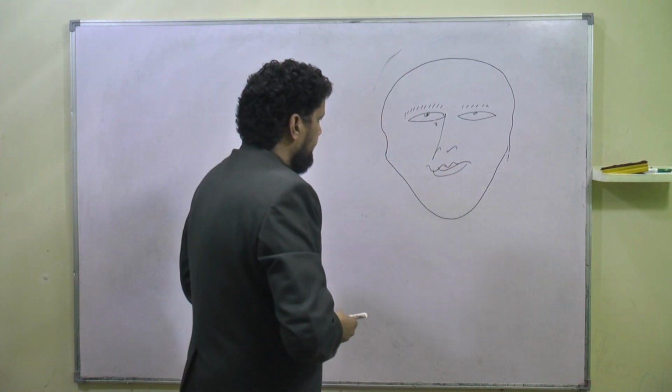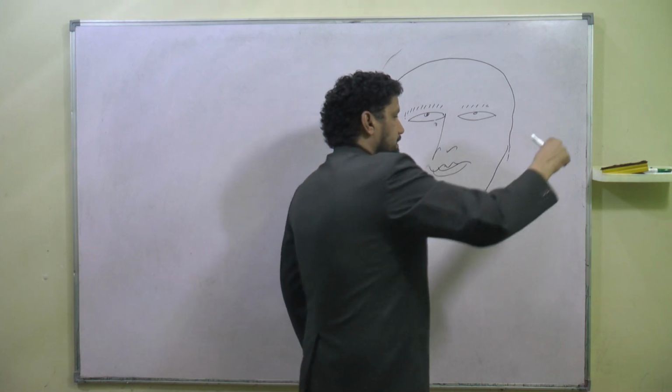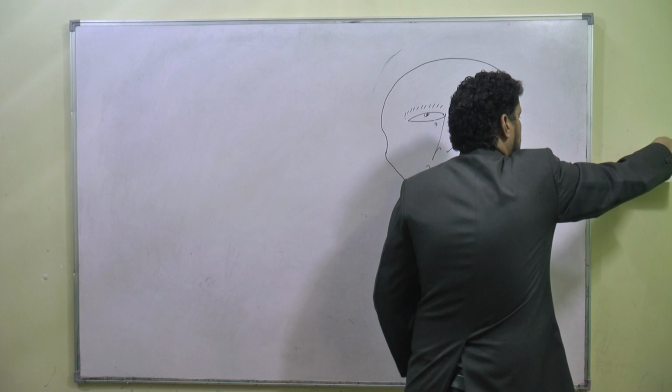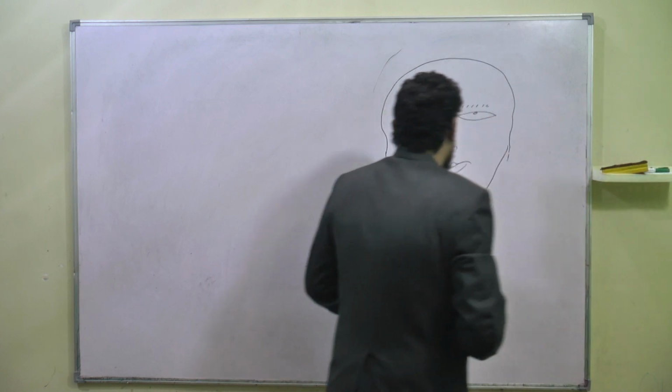So again, the face is supplied mainly by the facial artery, which is a branch of the external carotid artery.